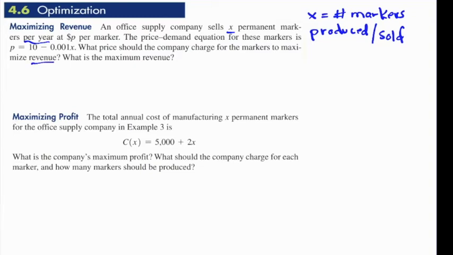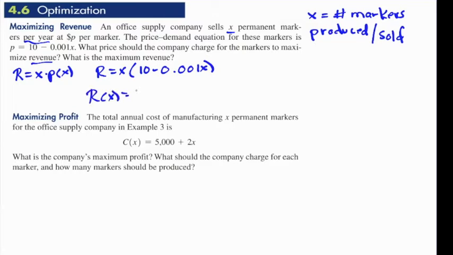So we have the price function, we have to create the revenue function. Remember that revenue is equal to the number of objects multiplied by the price of the object. So the revenue function is going to be x times 10 minus 0.001x, and we can say that the revenue function is 10x minus 0.001x squared, and we want to find a maximum revenue, so we're going to look at the critical numbers.